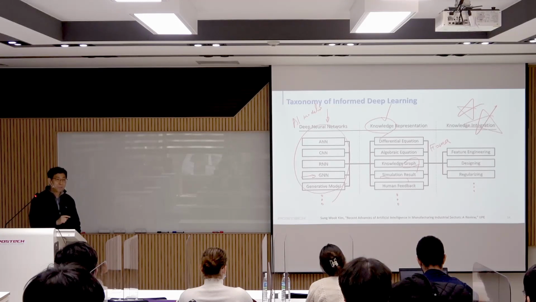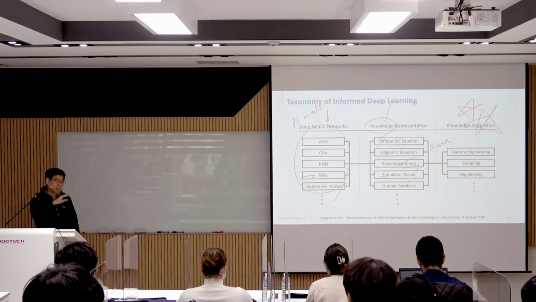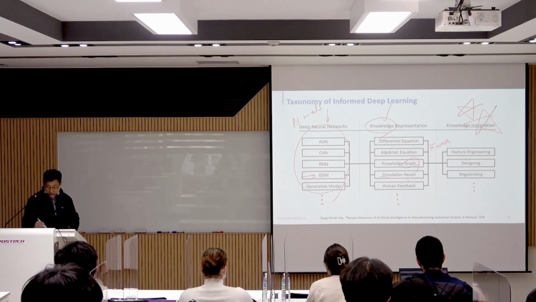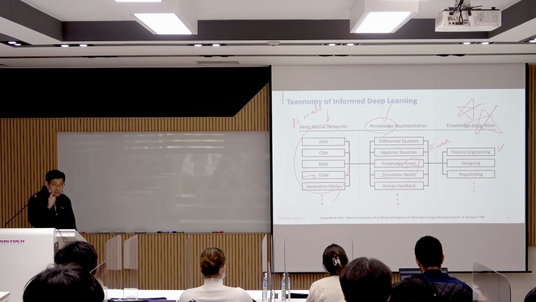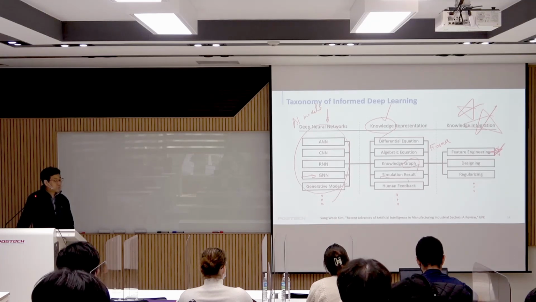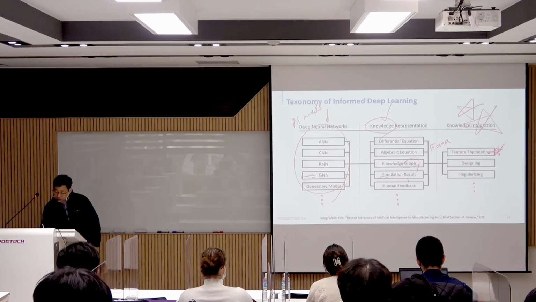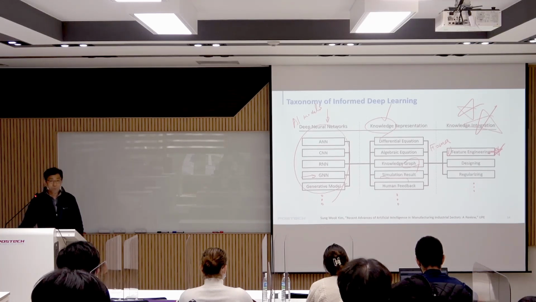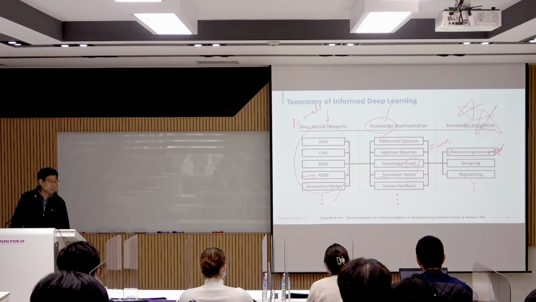Hey, this feature is going to be good, and this one doesn't contain a lot of useful information, so we can get rid of it. Right? That's what I guess. This is the most effective way of knowledge integration into data-driven methods or models. So I would say most of you are already doing physics-informed AI models. Right? Feature engineering. So let me say this is the first one and the most effective way, I would say.